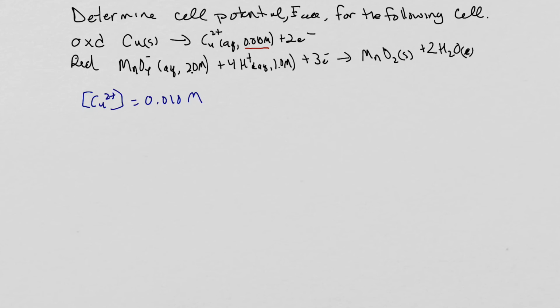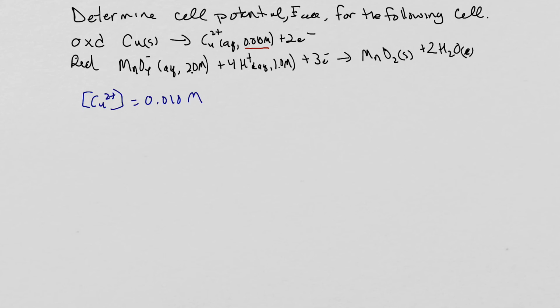And our reduction reaction here involves the reduction of manganese from the permanganate ion, which is aqueous with a concentration of 2 molar, plus hydrogen ions, which is a concentration of 1 molar, so that's under standard conditions, plus 3 electrons, goes to manganese oxide plus water.